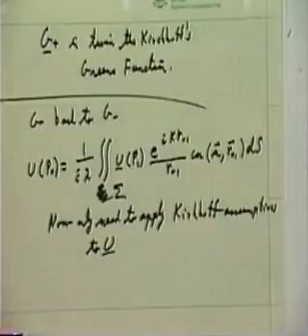And so the boundary conditions that before we had to apply to partial U with respect to n have gone away. And so the inconsistencies of the Kirchhoff theory have been removed.